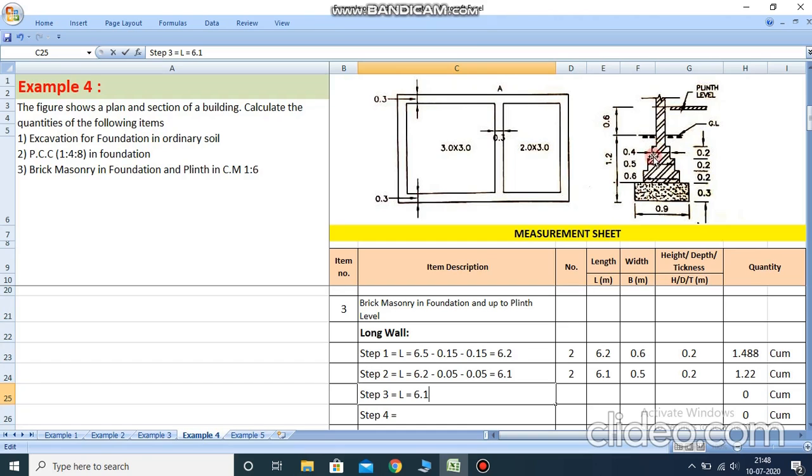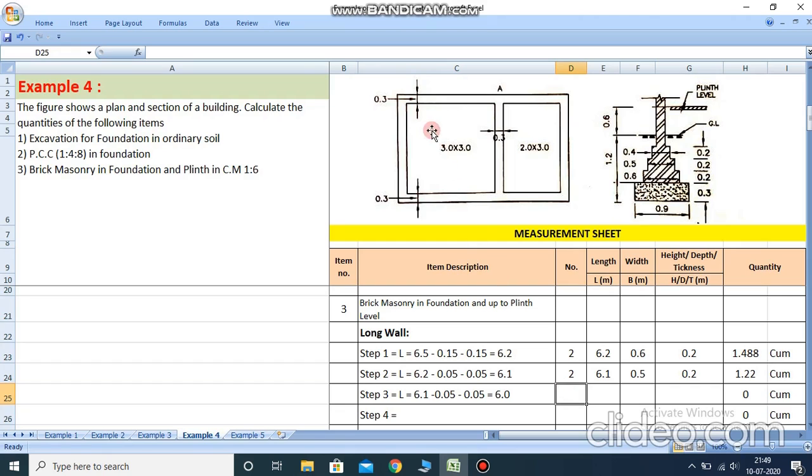So for the left side offset is 0.05, meaning this side left 0.05 and right side 0.05. Clear? So minus 0.05 minus 0.05. So we got the value 6.0. It's the total length in meters.